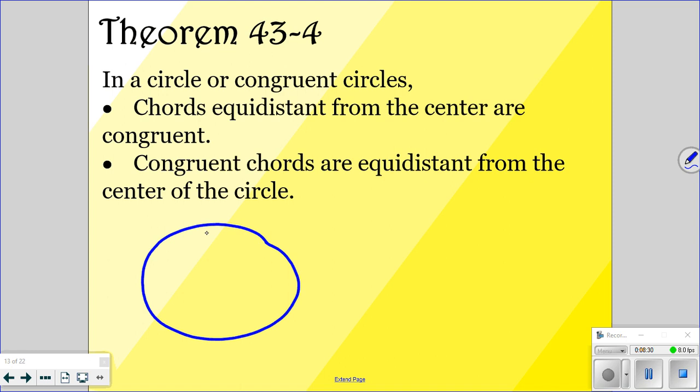If here's the center and you have a chord here, and let's say this is 5 inches and then this is another 5 inches and you have a chord, that means that these two chords have to be congruent. And then it says if you have congruent chords, they're going to be equidistant. So if we know these chords are congruent, then this distance has to be the same as that one.